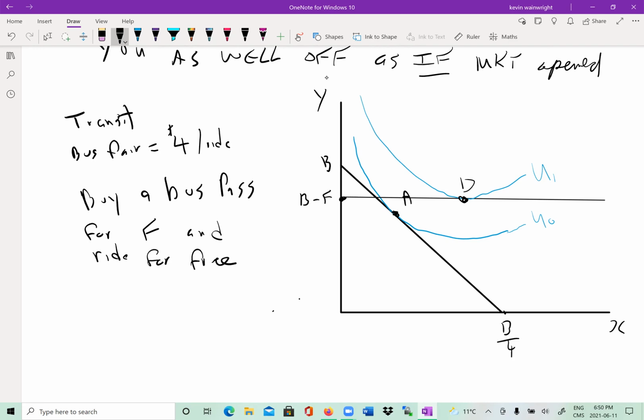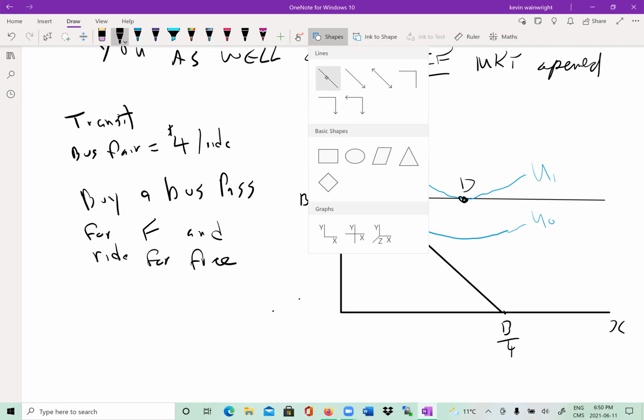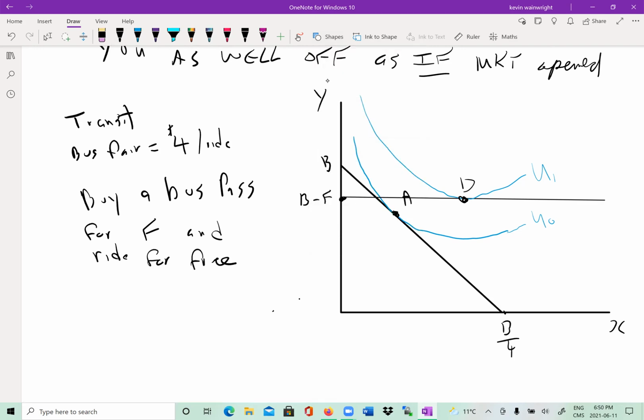What's the most I'm willing to pay in order to get the bus pass? Well, that would be given by a budget line that puts me back on the original indifference curve, but at the new price ratio.